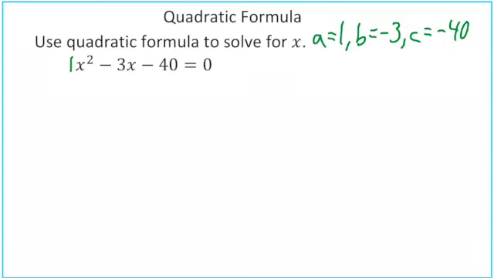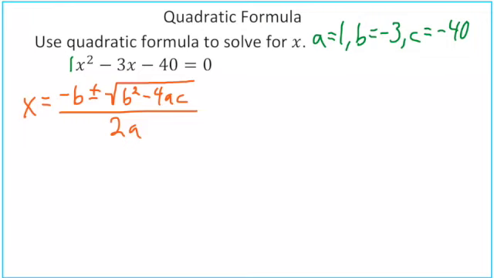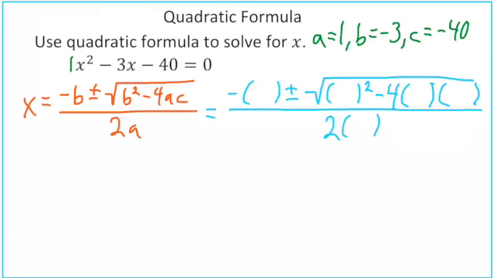Since we're just getting started with the quadratic formula, it's probably a good idea to copy the whole thing down, maybe for a couple weeks, until you've got it completely memorized. The next thing I like to do is write the whole thing out and leave spaces for my numbers. I do this because there are two places in the quadratic formula where people often make mistakes with the signs.